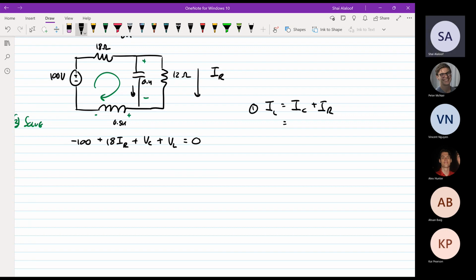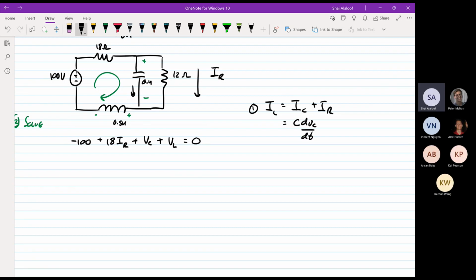So it equals C, and the current through the capacitor is C dV on dt, just from the capacitor equation, and then plus IR. You might be going, well, why did you write down that equation? Well, it's going to be useful in just a second. I know we've got voltages here, but it will be useful.